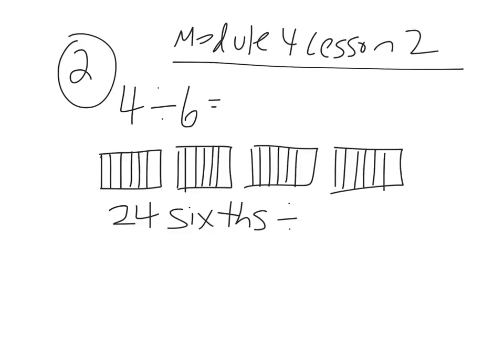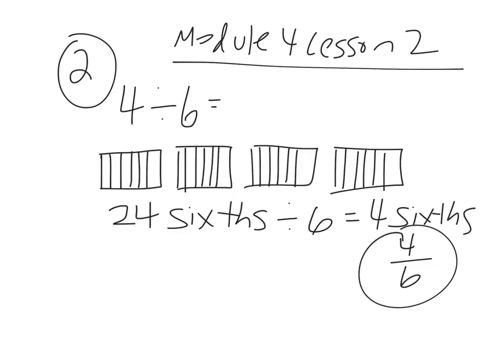And I'm dividing them amongst 6 people. So if I have 24 sixths divided by 6, that leaves me with 4 sixths. That's in unit form. If I want my answer in number form, that would be 4 sixths.